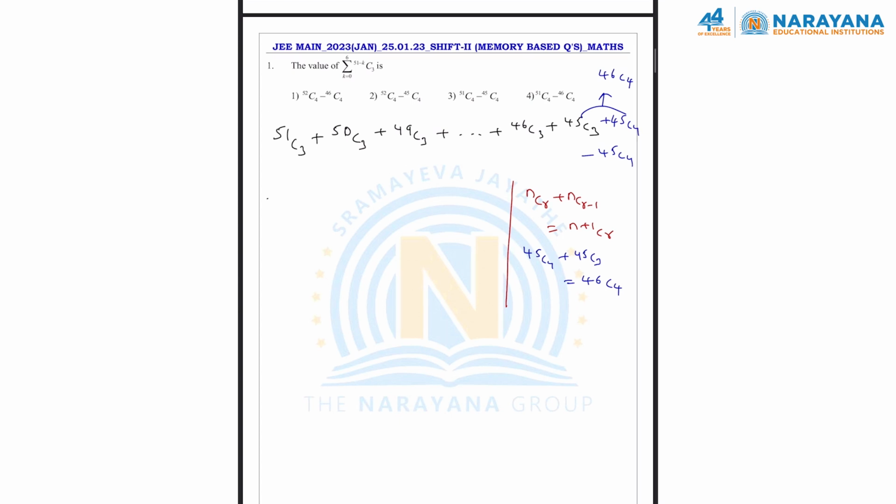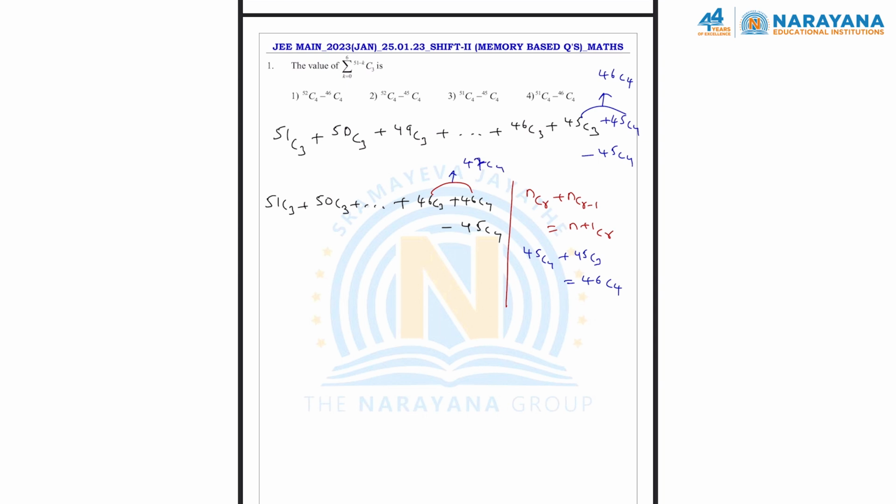Then this 51 C3 plus 50 C3 and so on, 46 C3 plus 46 C4, and the last term is minus 45 C4. Again these two terms will give you 47 C4, and it will continue like that.